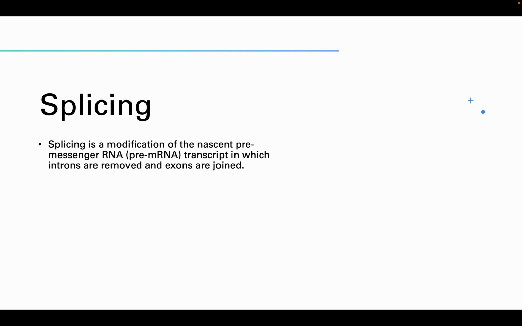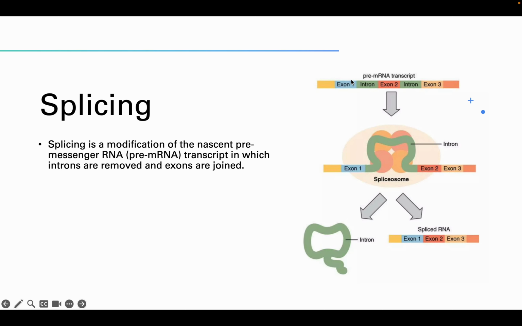So what is splicing? It is a type of modification of the nascent premature RNA, the pre-messenger RNA, in which introns are removed and exons are joined. I will talk about what introns and exons are. Here you can see a picture with three different exons and two introns.